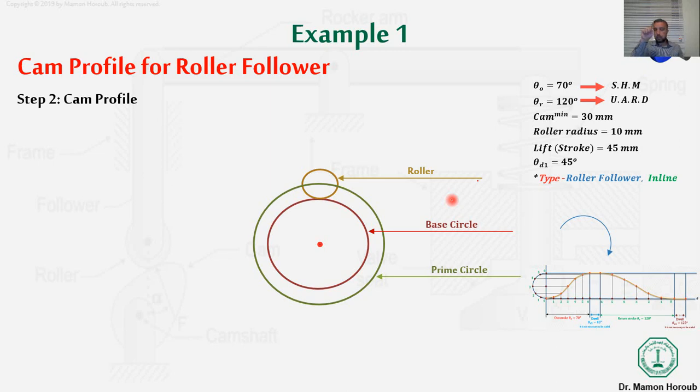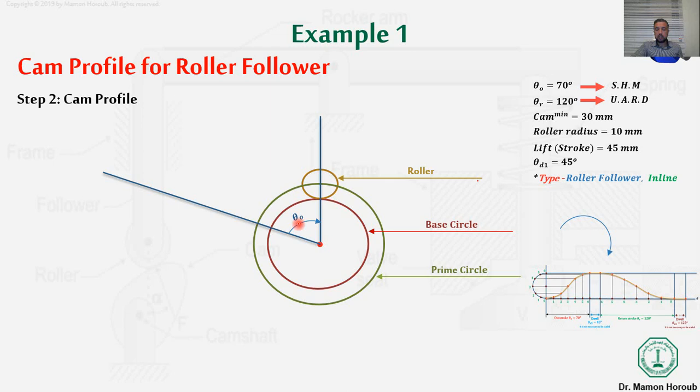So we'll start with the line between the two centers, and we'll draw another line counterclockwise with 70 degrees.